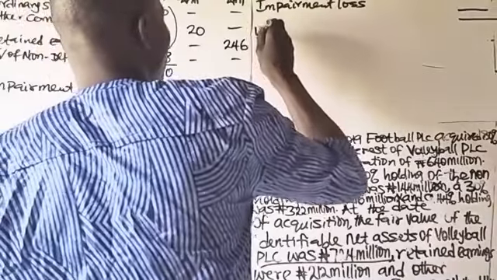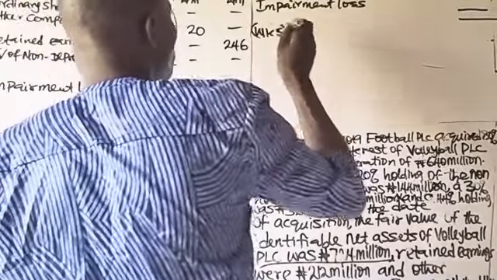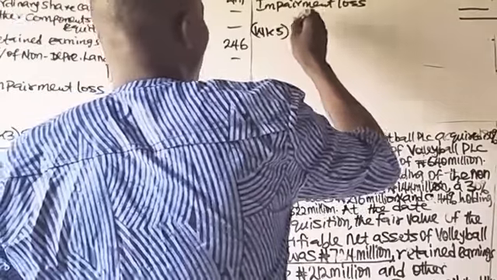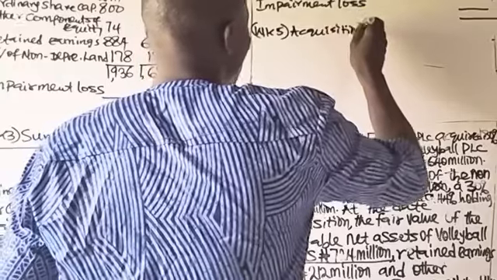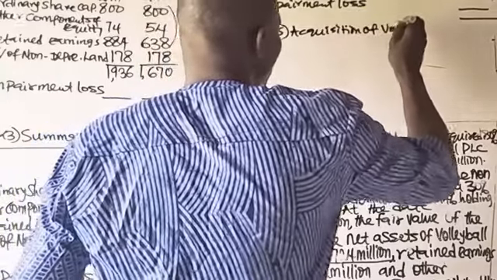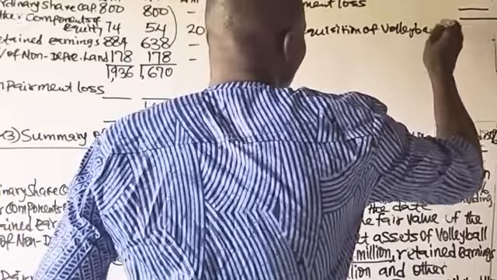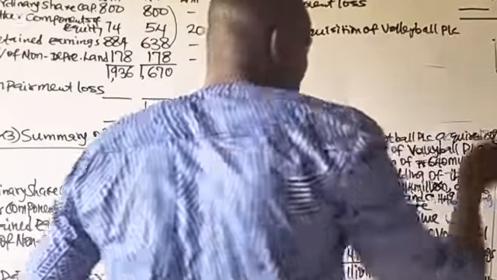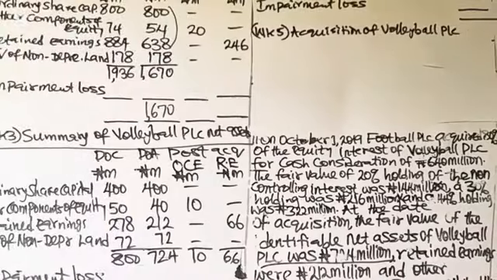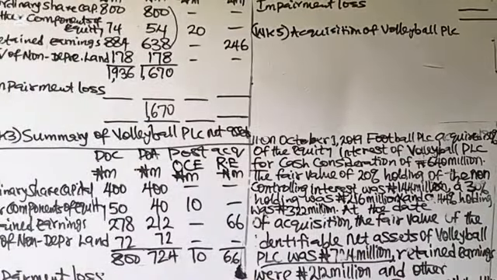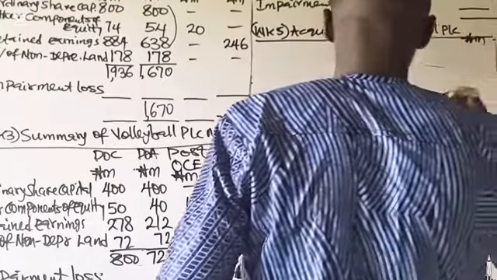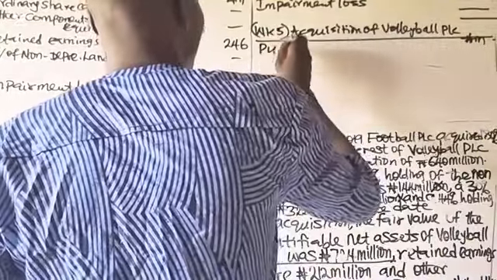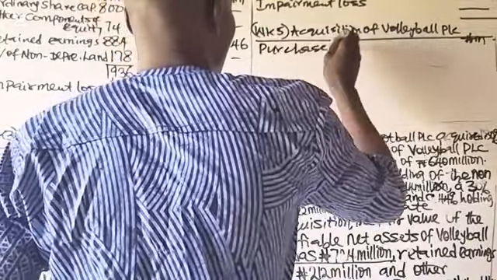Working number 5. We want to calculate goodwill on acquisition of Volleyball PLC. Remember, to calculate goodwill, the starting point is the purchase consideration.